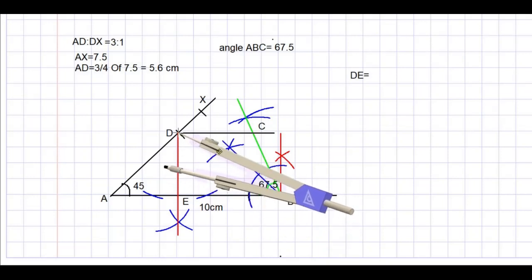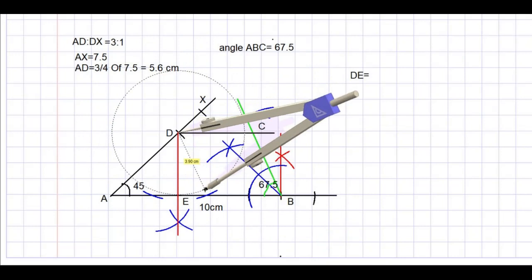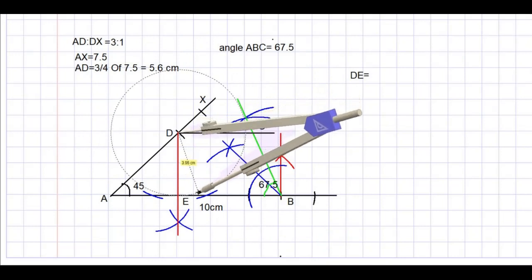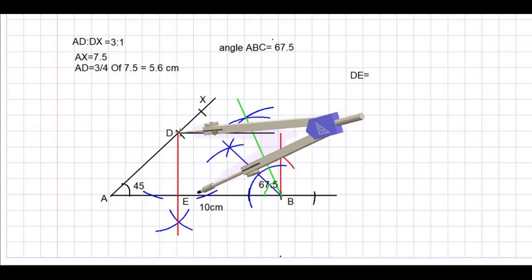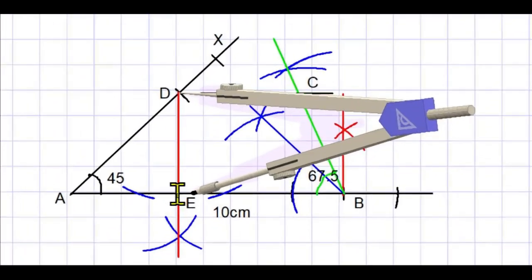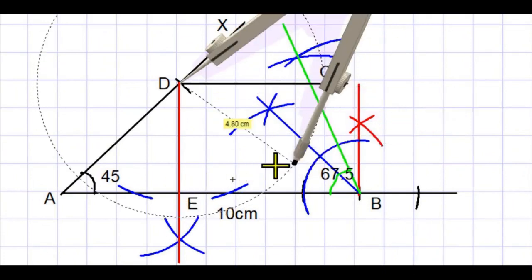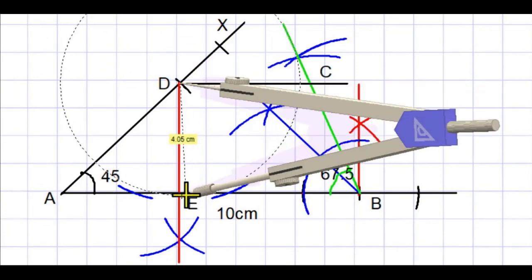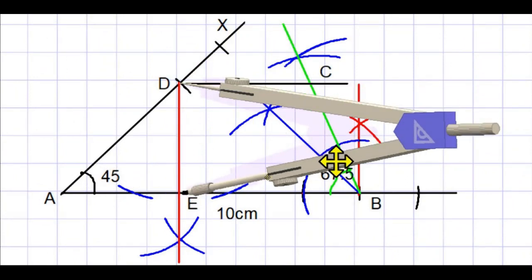So DE will be 4.0 centimeter. So just enlarging it, you can be able to see that it is 4.0.